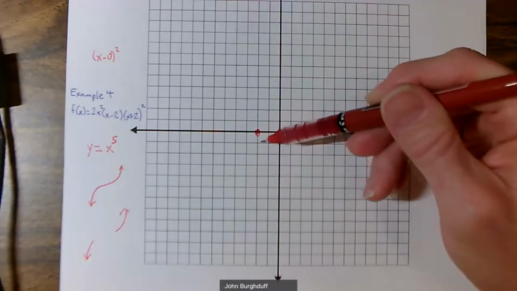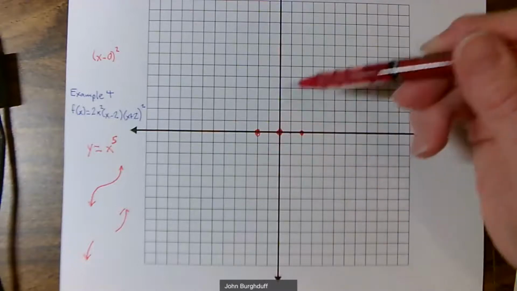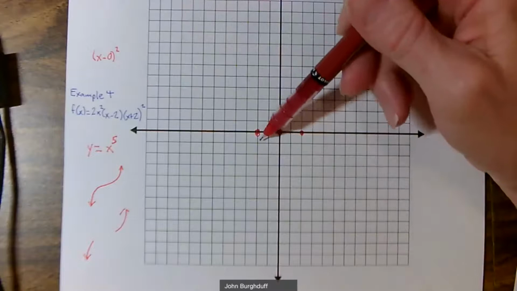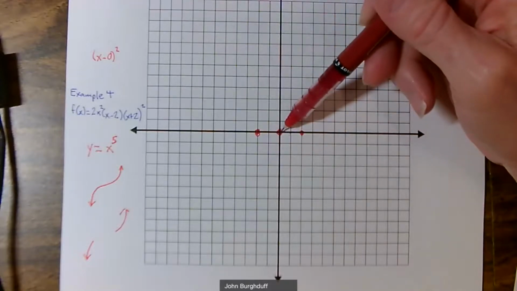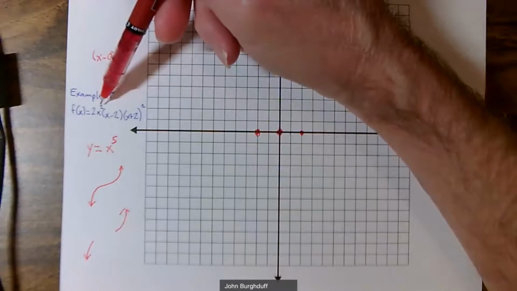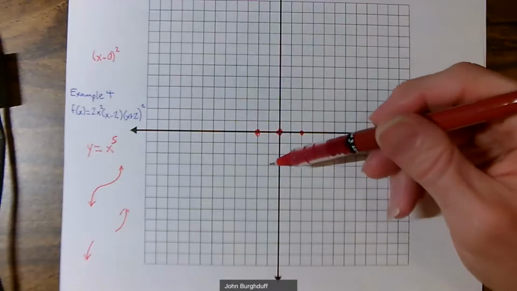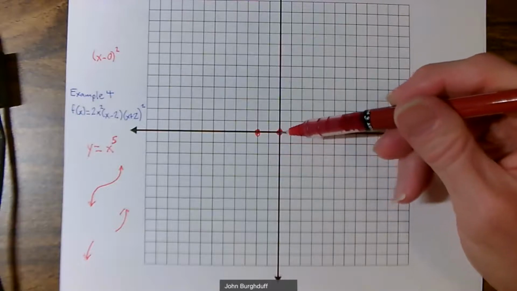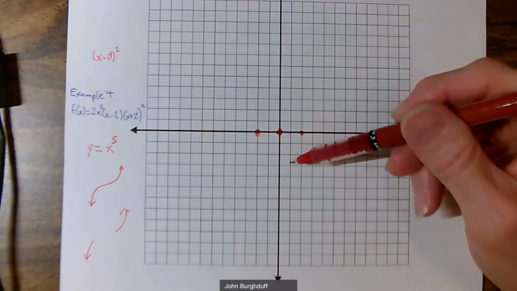It comes up and goes down. Then I have to somehow reach the next x-intercept, which comes from this factor, also raised to an even power. So as the graph approaches this intercept, it will again touch the axis like a parabola.